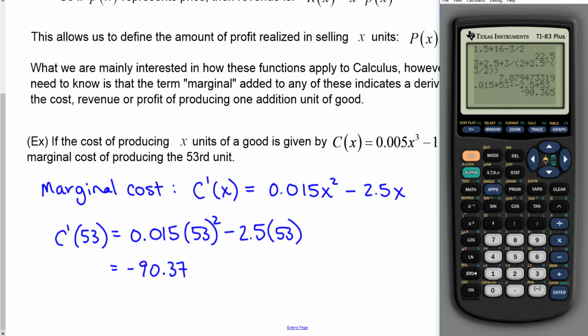So what that means is the cost is decreasing to produce each unit. And so at that particular point in time, it would be probably a good idea, depending on how profit is changing, but probably a good idea to produce additional units because the more you produce, it's costing you less to do it.